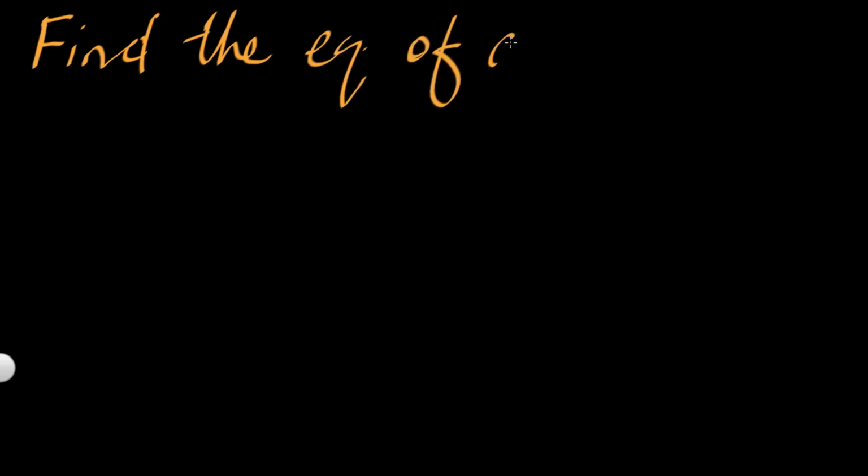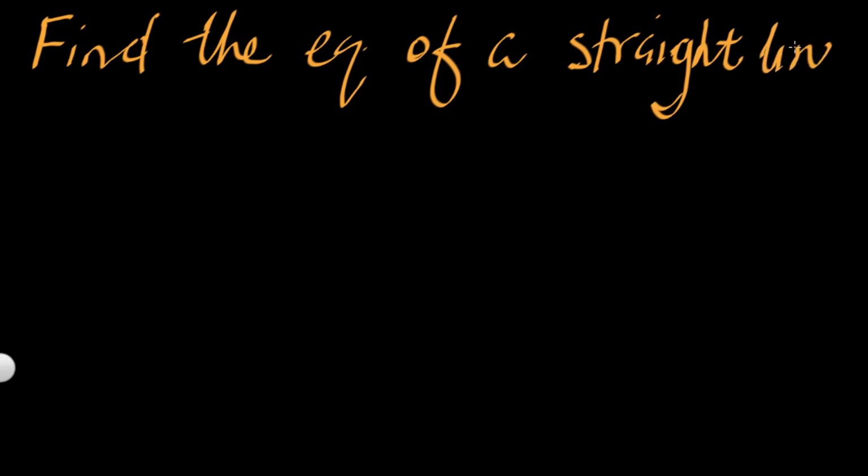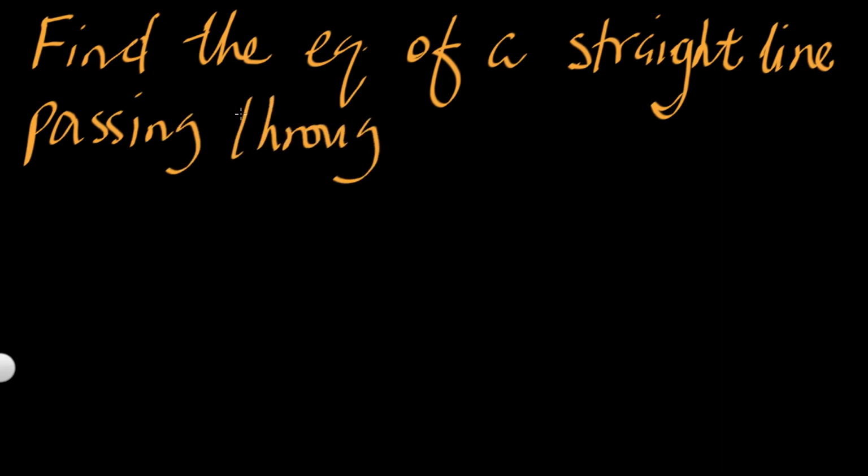Find the equation of a straight line passing through these points: (1, 3) and (2, 4).